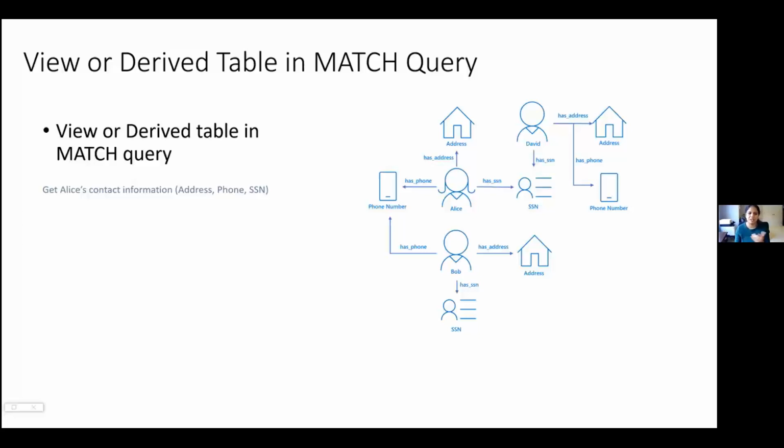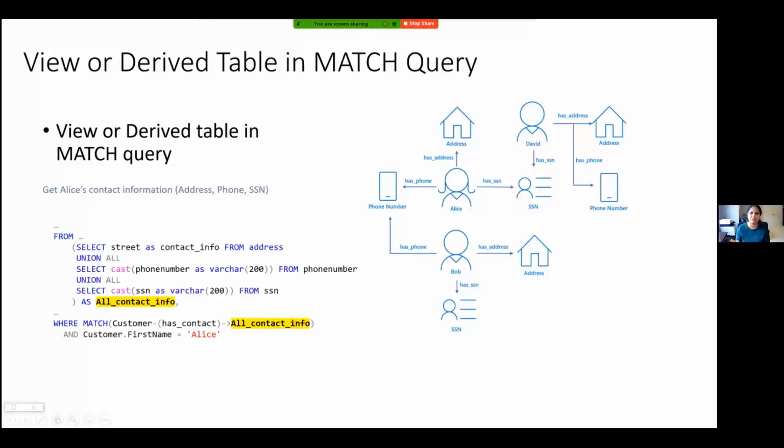But with this view and derived table support in the match clause, you can make writing these types of queries easier on an ongoing basis. You can define a view or a derived table for the heterogeneous types that you want to query, and then use that derived table or view in the match clause to get your results.